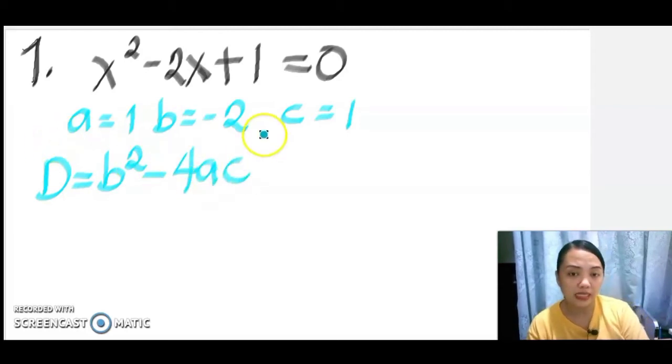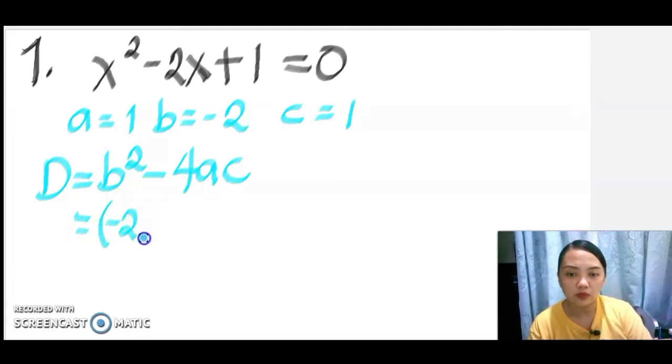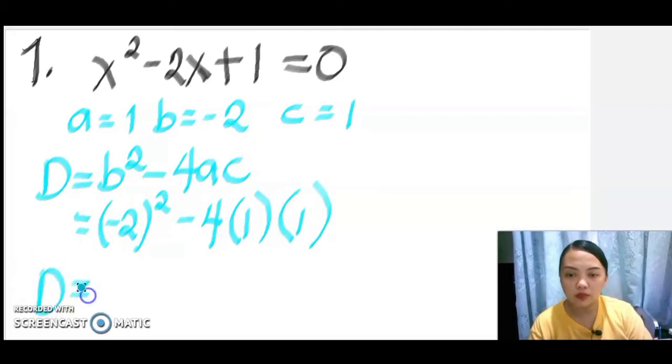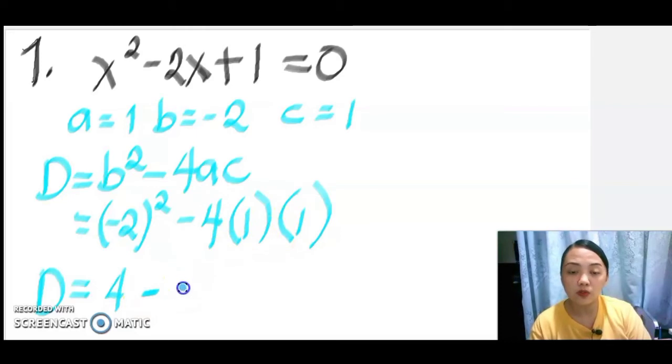O, sa-substitute lang natin to. So, we have negative 2 square minus 4 times 1 times 1. So, the value of d would be, what is negative 2 square? Okay, 4. Then, 4 times 1 times 1 is 4 also. So, what is the value of d?